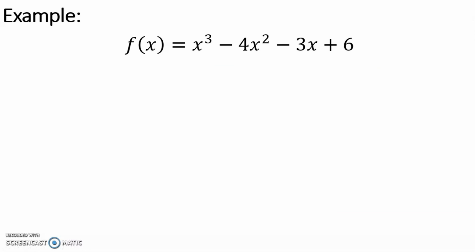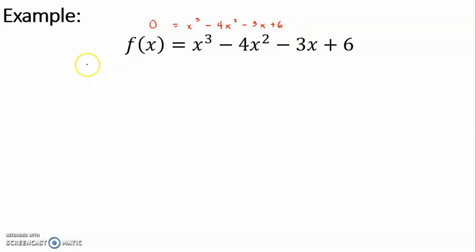So, how are we going to find the zeros of this particular function? First, we let f of x equal to 0. So this becomes 0 is equal to x cubed minus 4x squared minus 3x plus 6. Then solve for the values of x. So in short, we're just solving for the roots of this particular function.